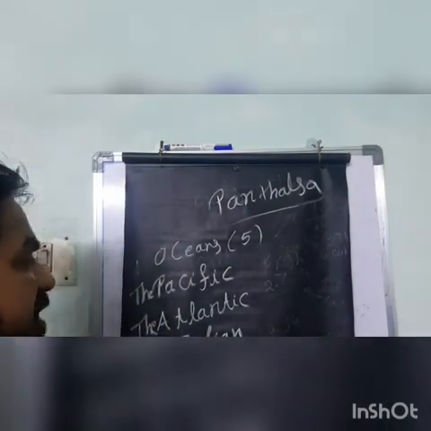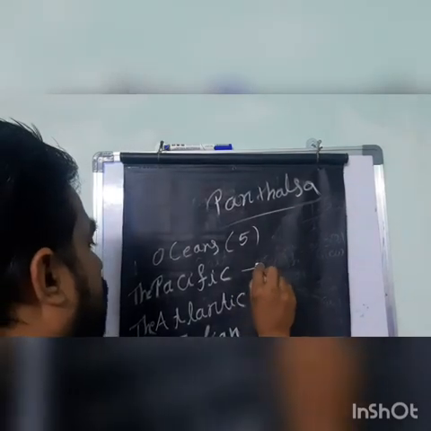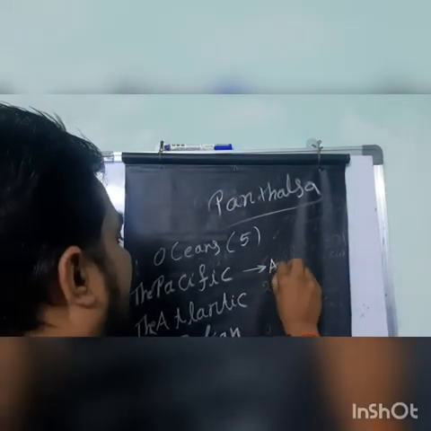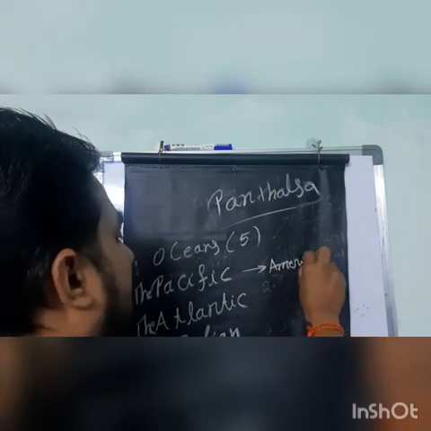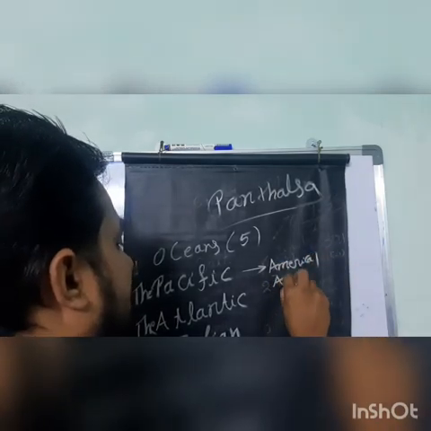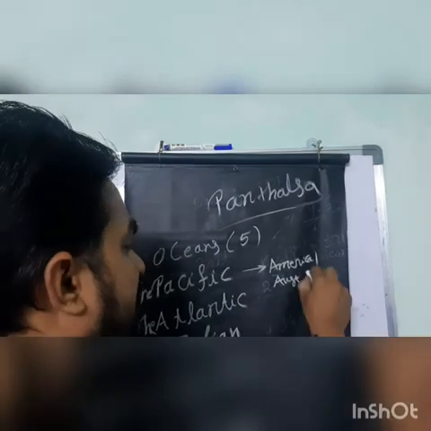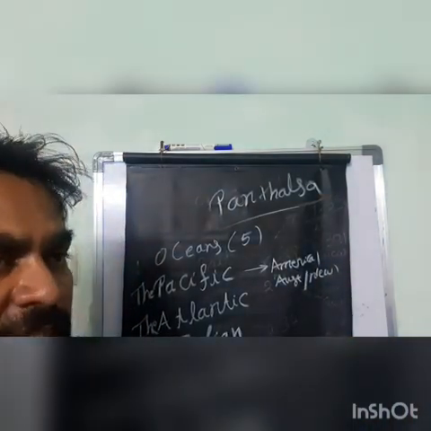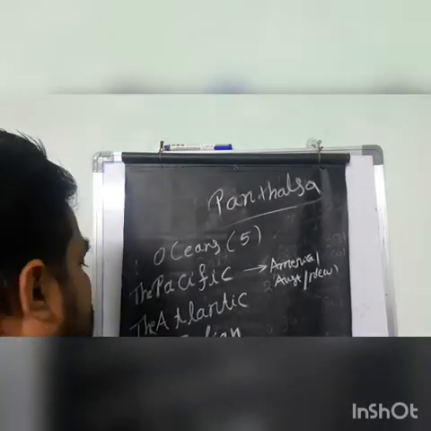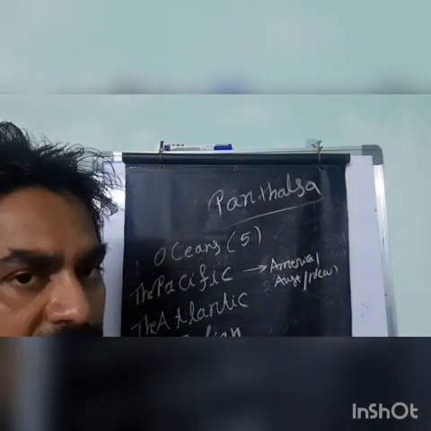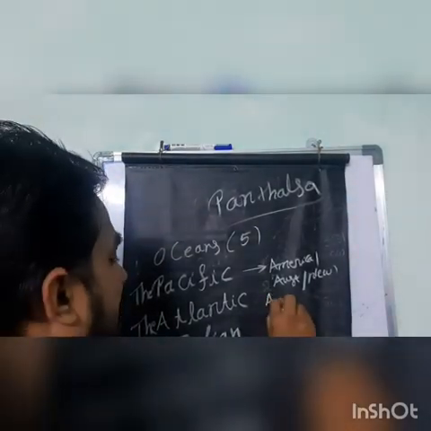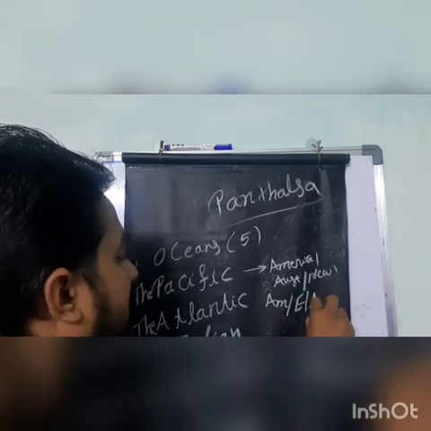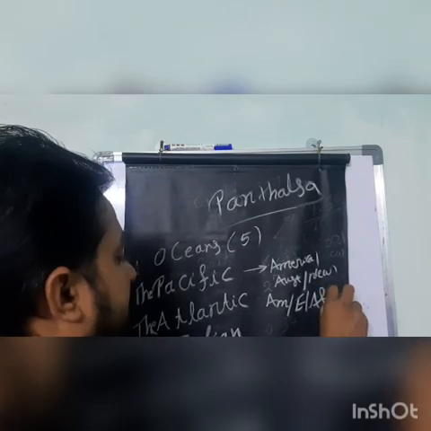If you see the Pacific Ocean, it divides America from other continents like Australia, New Zealand, even some parts of Africa. Next, the Atlantic Ocean divides the American continent from Europe and also Africa.